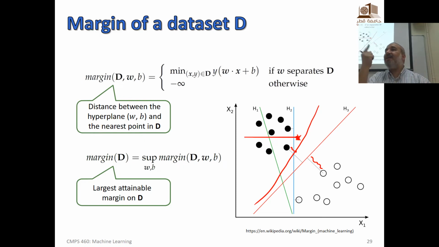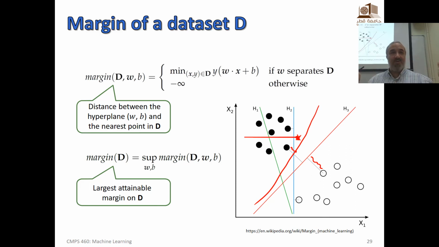My last question to you before we leave, assuming that you now understand what we mean by the margin of a data set with a model and the margin of a data set. If I have two data sets, one with a very small margin and the other with a very large margin, which one do you think it will be easier to find a hyperplane that will separate both sides?